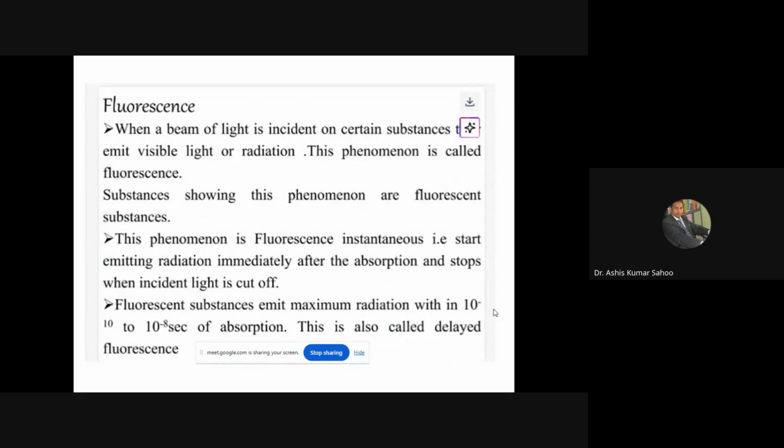The emission of light is known as fluorescence. When certain light is incident on a substance, the substance is known as a fluorescent substance. The timing is 10 to the minus 8 seconds.